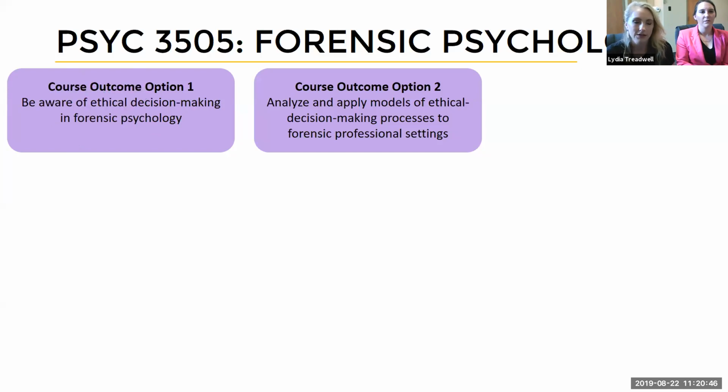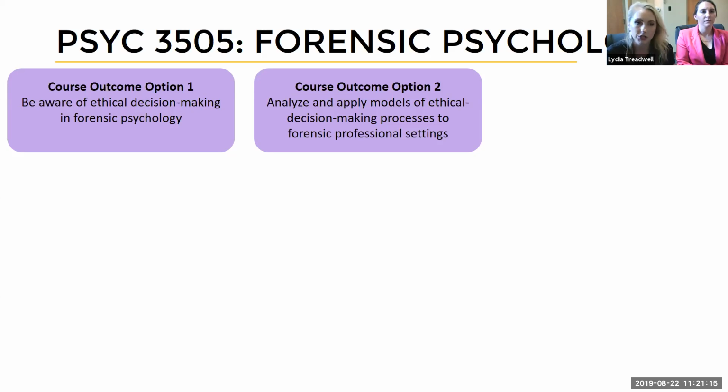Why? First of all, be aware of is one of those soft, unmeasurable verbs. I can be aware of a certain policy, but not be able to explain it. But to what level will they need to understand or apply that outcome? It's also not specific to the context in which they'll have to be aware of this decision-making process within forensic psychology.